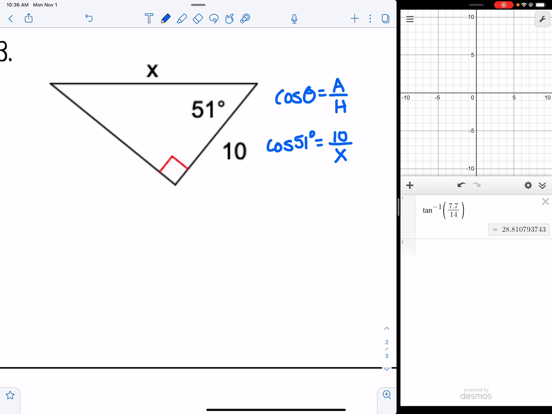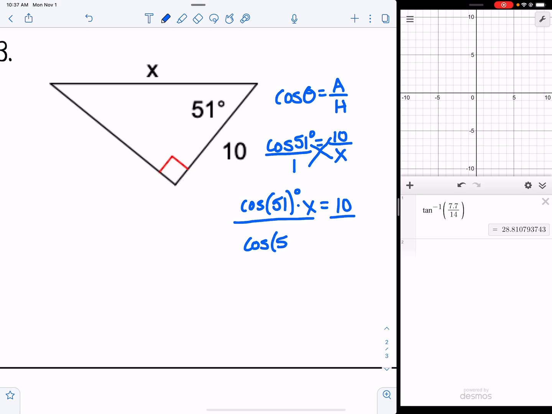So something you could do is put a 1 underneath the left side, and then you could cross multiply. So you get cosine of 51 degrees times x equals 10 times 1, which is just 10. And then you can divide both sides by the cosine of 51.